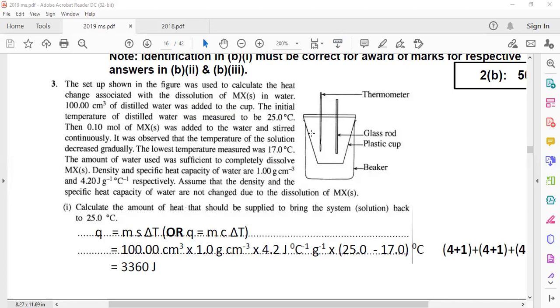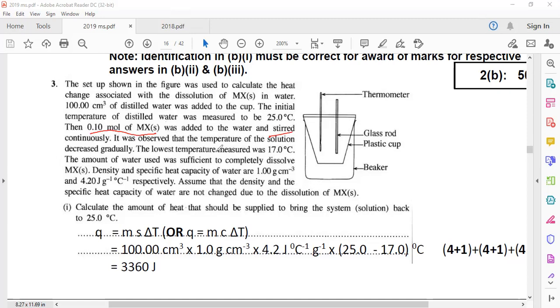Then they measured the temperature, that was 25 degrees Celsius, right? After that, they added 0.1 mole of MX solid and stirred well.